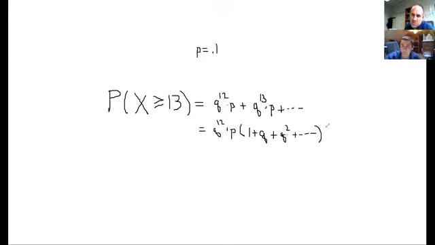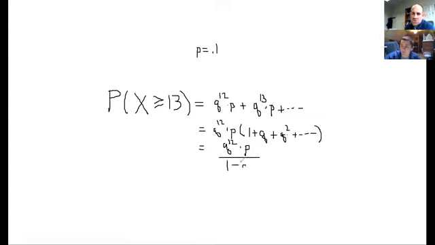That's just, remember the geometric series, it's 1 over 1 minus q. So you would end up with q to the 12th times p all over 1 minus q.